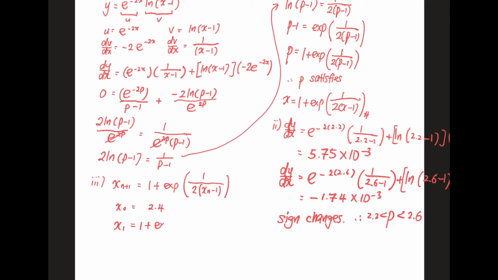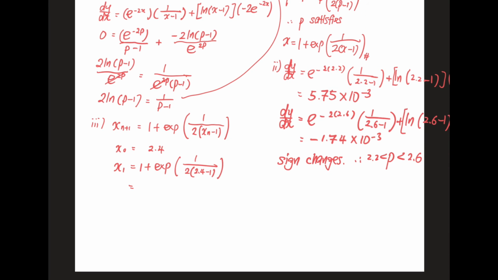So for the first one, let us show the working. 2.4. Then we check with the calculator. You key the whole formula into the calculator, press calculate, then substitute in 2.4. We get, to 4 decimal places, 2.4292.